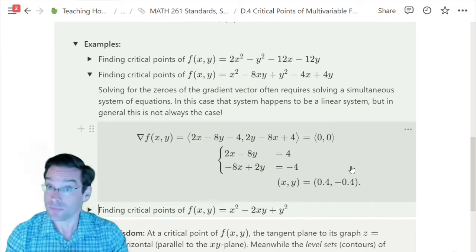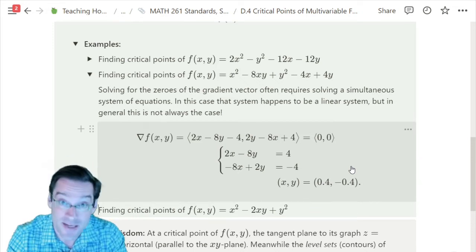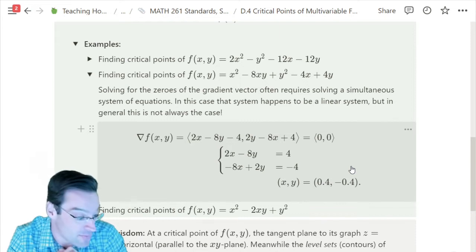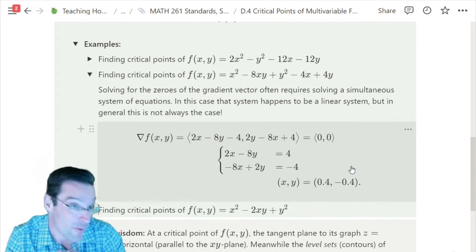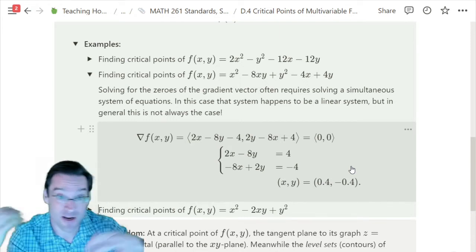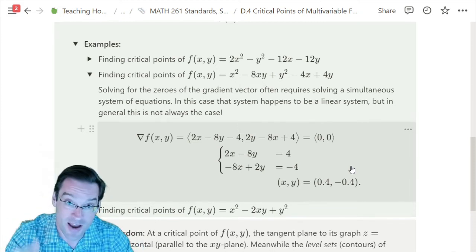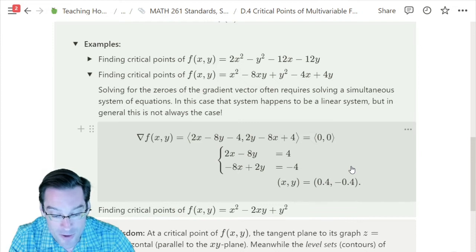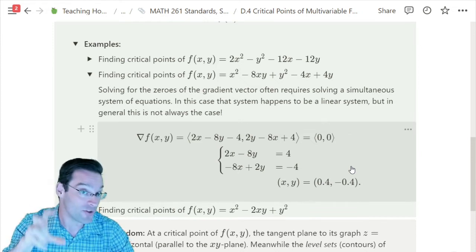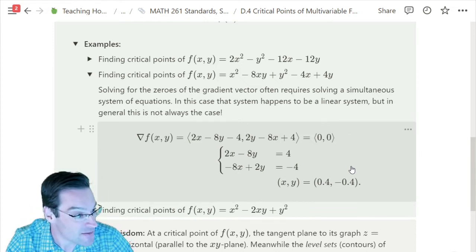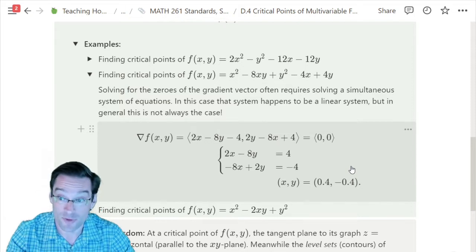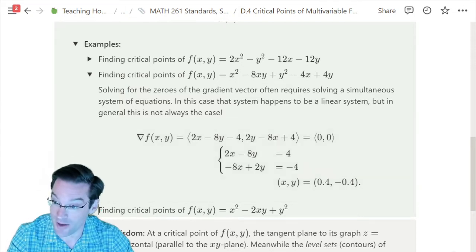But in general, we should expect that it might not even be a linear system of two equations. It might be a nonlinear system. We could have y squareds. We could have cosines of x. We could have all kinds of stuff as part of this. And so even just that process of finding the critical points, the process of actually doing the algebra to solve those equations simultaneously can sometimes be a little bit tricky. So I just wanted to put that flag in there before we went into the next piece of the activity.